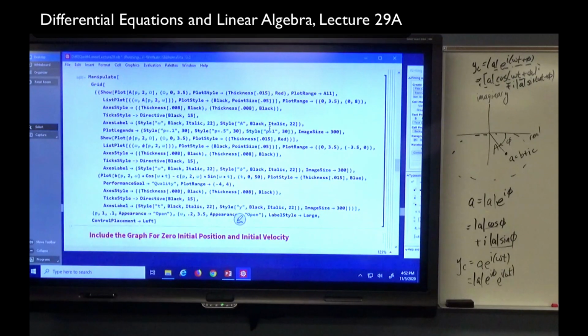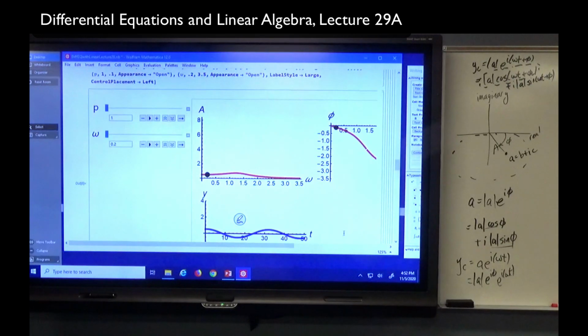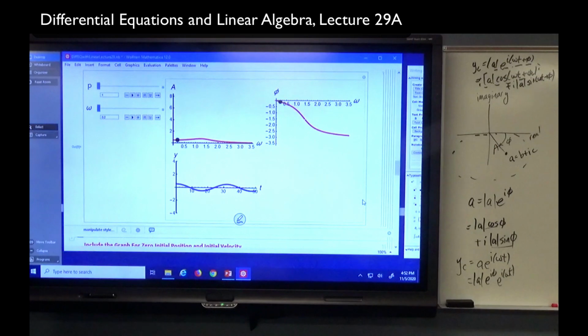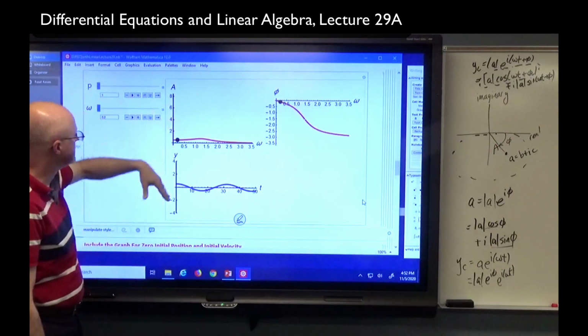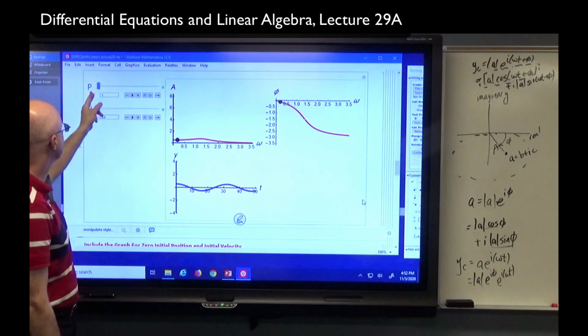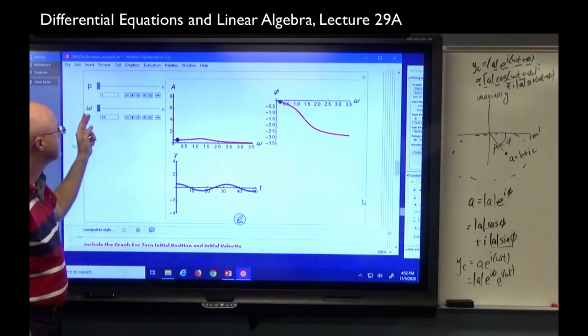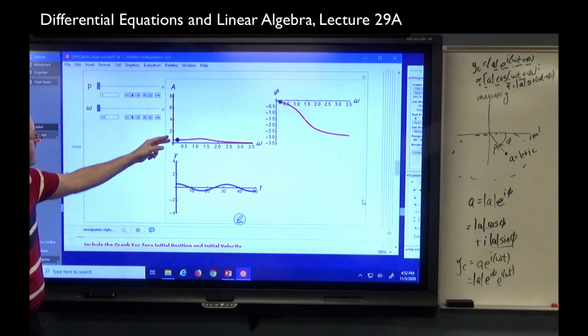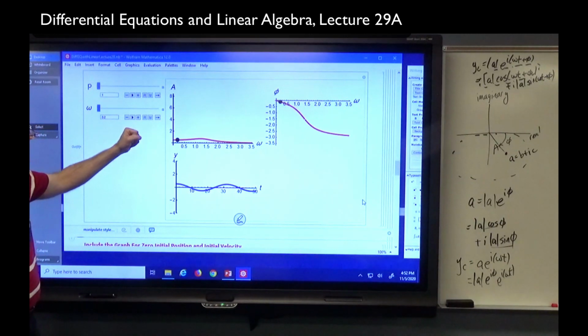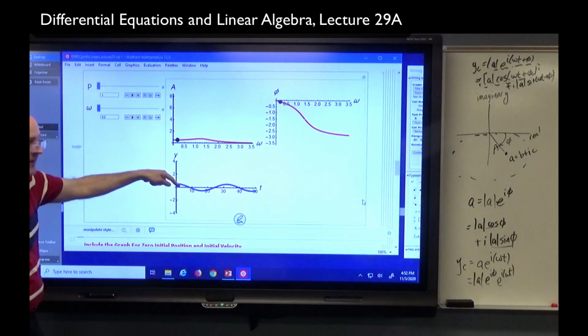Down here, I've got another way to think about it. Ignore this graph for the moment. Just focus on the relationship between these two graphs. When p is relatively large, I'm taking omega to be 0.2 here. That is the forcing function's angular frequency. The blue graph is the forced response.